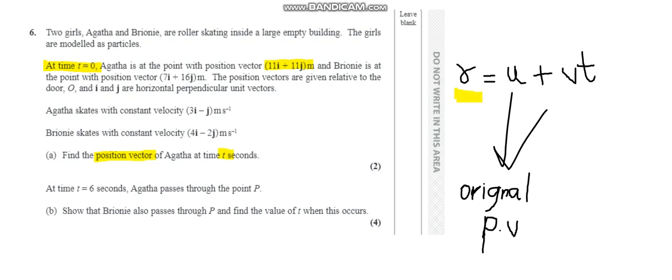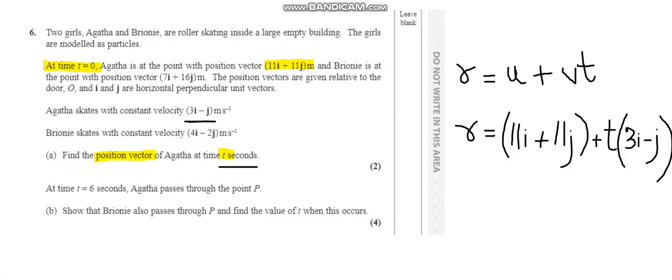The original position vector has been given, 11i plus 11j, and we know Agatha skates with constant velocity 3i minus j. And we know the time, that's t. So I'll plug in the values, and our position vector for Agatha at time t seconds is 11i plus 11j plus t times 3i minus j. So that's our A part done, 2 marks, easily scored.